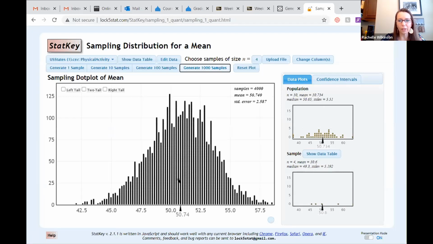There's a whole bunch of them. But if I look at some values out here, like how about 45? I could get a sample mean of 45, but it's not very likely. There's not very many values out here and beyond that. So it's unlikely I would get one beyond 45, but it's really likely that I would get one at, say, 47. So 45 was somewhat unlikely, 47 was pretty likely.